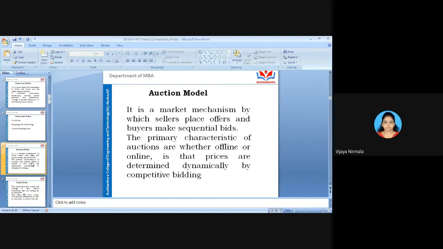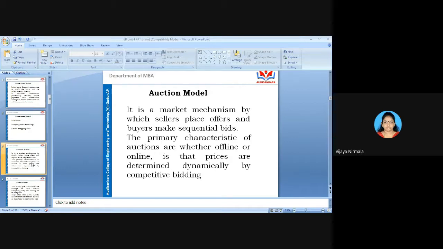And the next model is the auction model. An auction is a market mechanism by which sellers place offers and buyers make sequential bids.